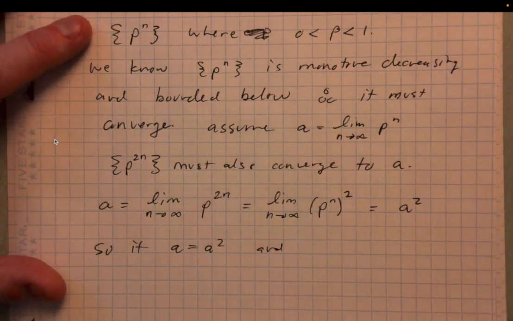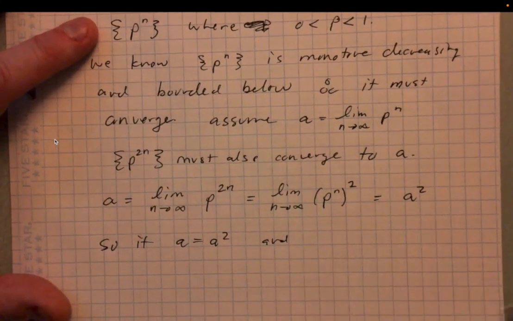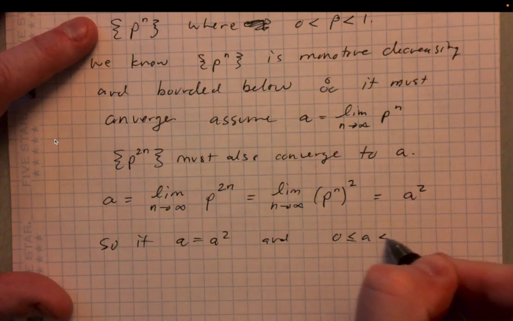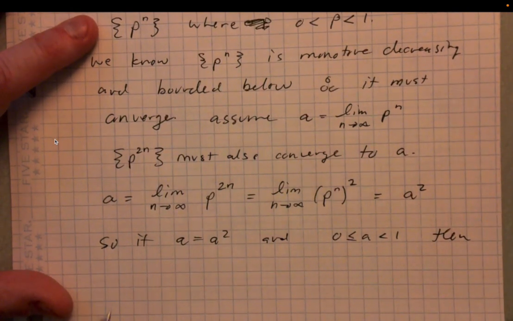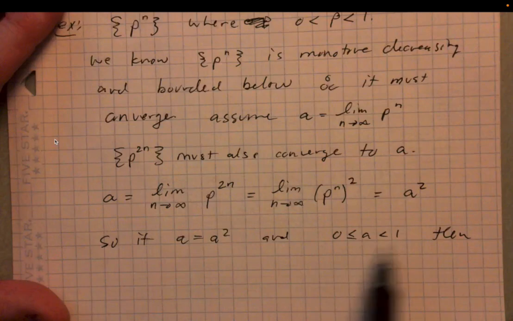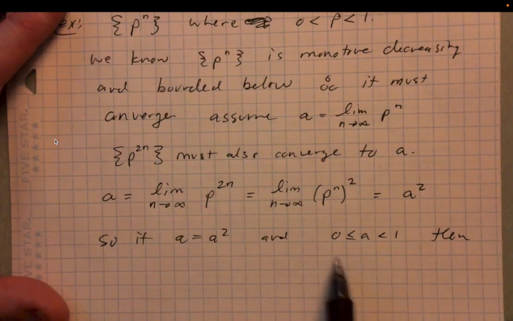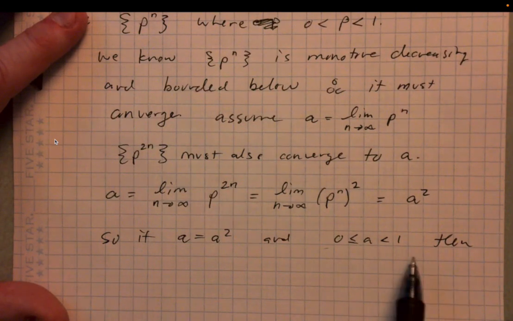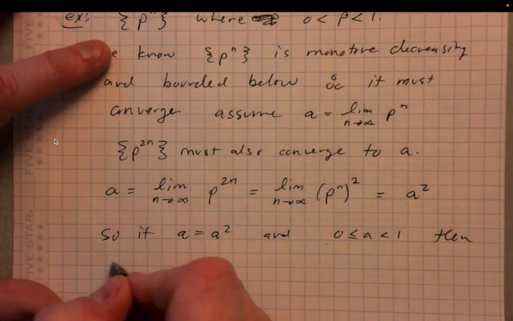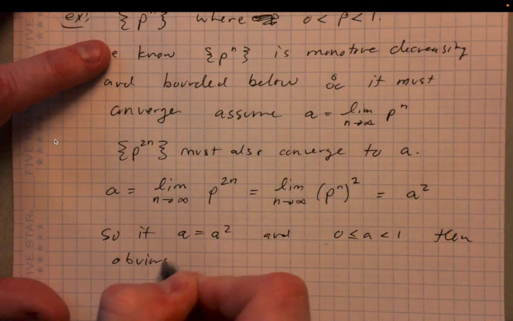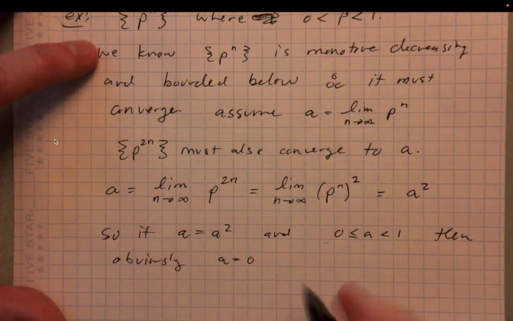And a is necessarily between 0 and 1, well, remember p is less than 1. So if a is equal to a squared and a is between 0 and 1, it could be 0, then obviously a equals 0.